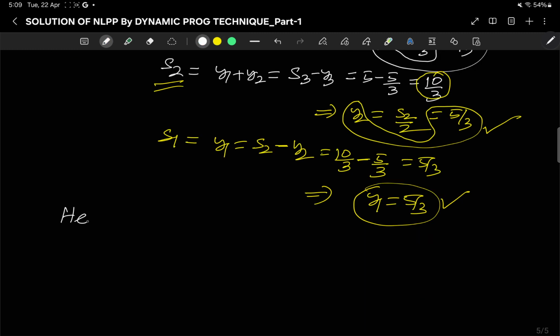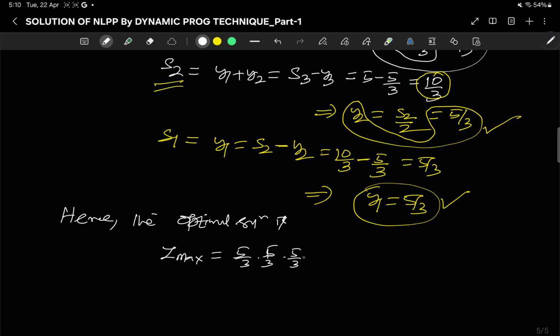Hence the optimal solution is Z max = 5/3 × 5/3 × 5/3 = 125/27 at y1 = y2 = y3 = 5/3. So this is your answer.